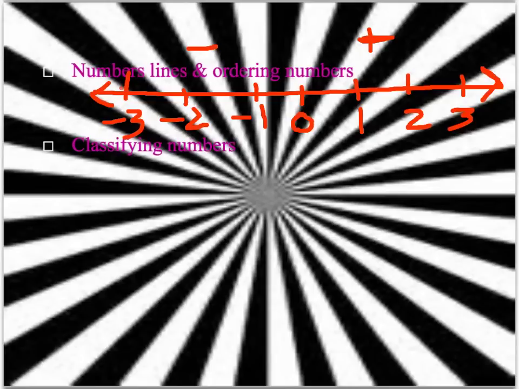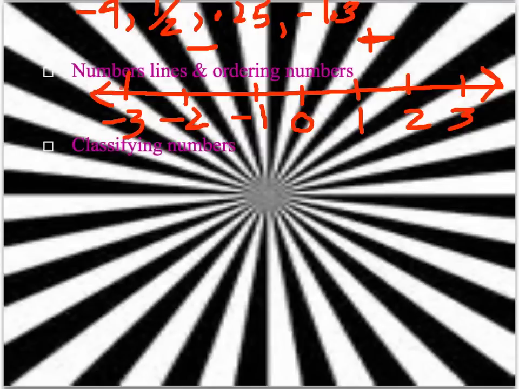So when we order numbers either in increasing or decreasing order, we rely on the number line. For example, if I was ordering -4, 1/2, 0.25, -1.3, I could order this on a number line to find out the increasing order of the numbers.